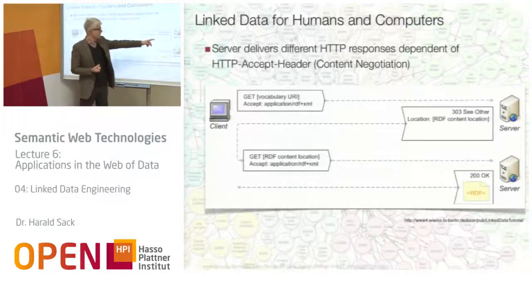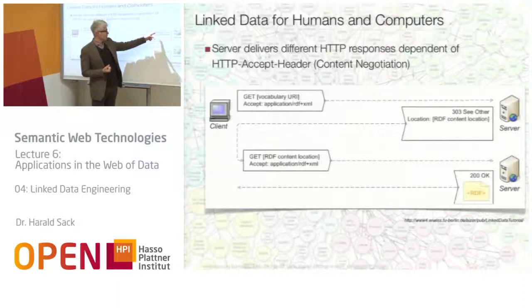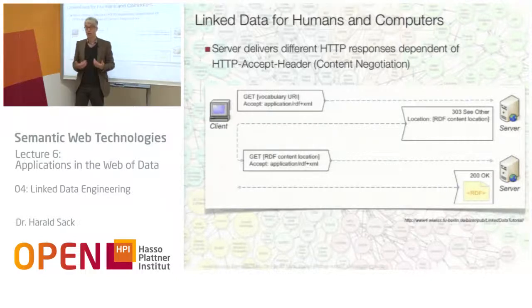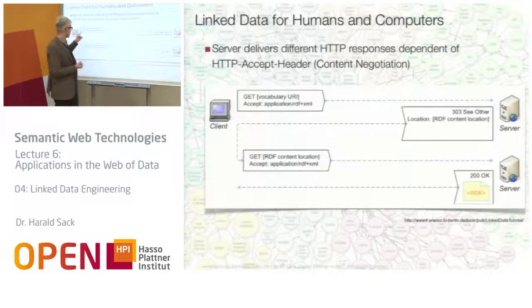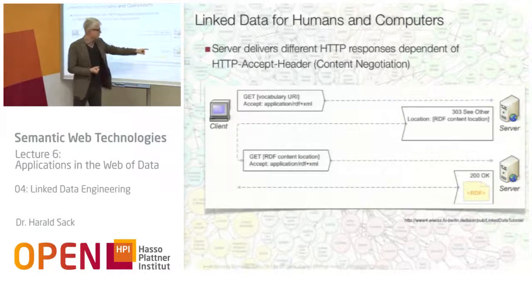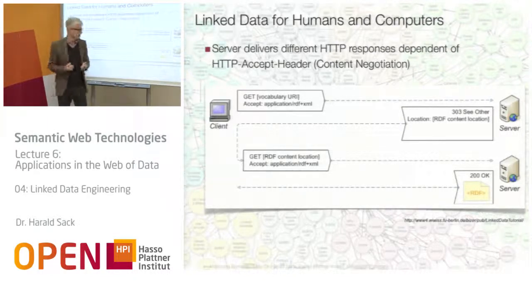So it sends the response code 303 See Other, and also sends the location, meaning the new URI of this data. This comes back to the client, and the client can then access the URI that has been communicated from the server, and reaches the right endpoint on the server to access the RDF data there. In the same way, it is also provided for HTML.